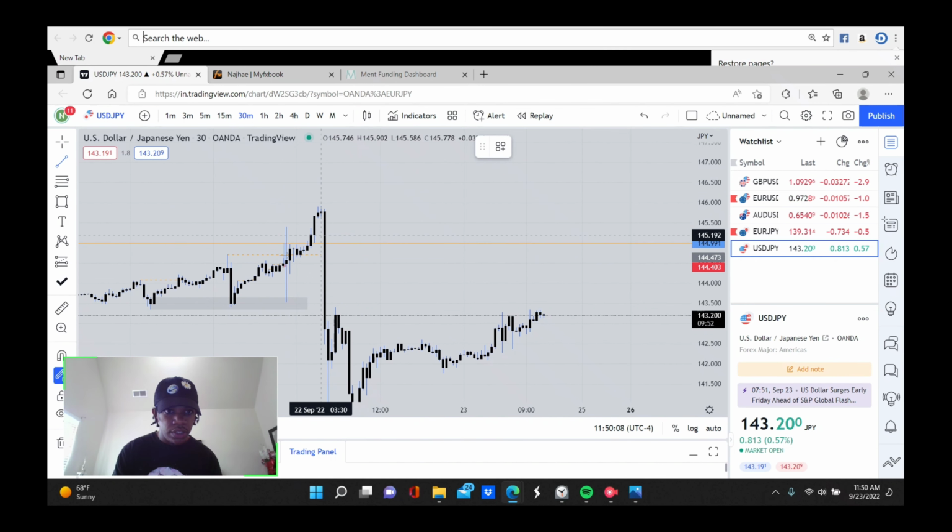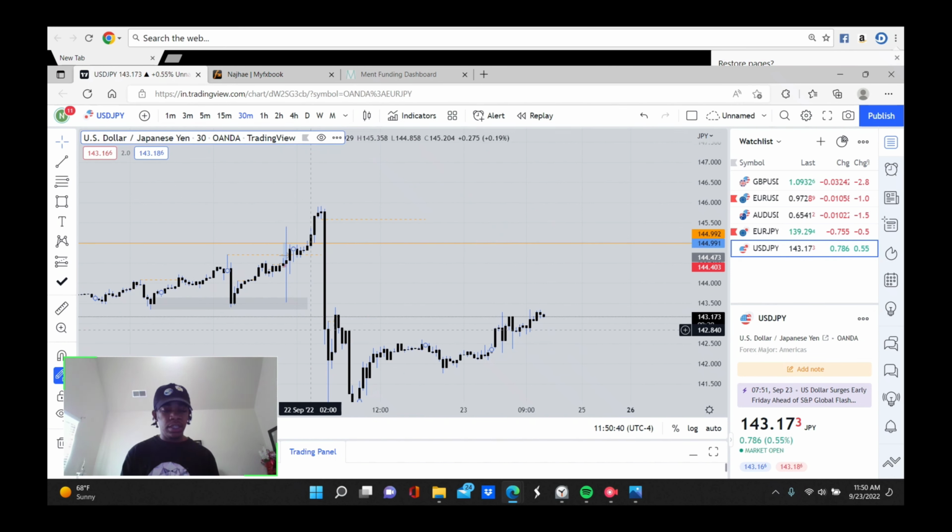The previous candle is right here, so let's draw that out. The next candle is right here, so let's draw that out. The next candle right after it is right here. So imbalance is basically the gap between the wick before and the wick after, right?